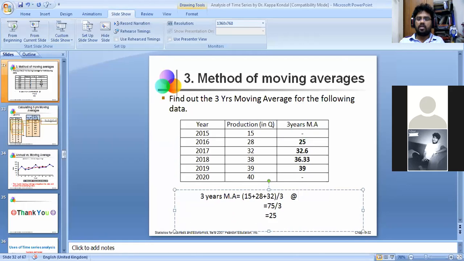See, 32 is nothing but 28 plus 32 plus 38, divided by 3.